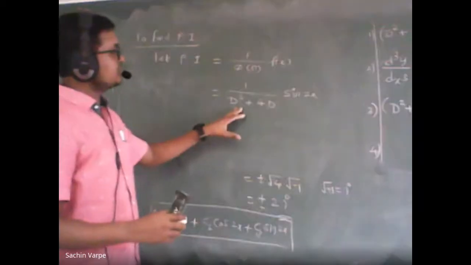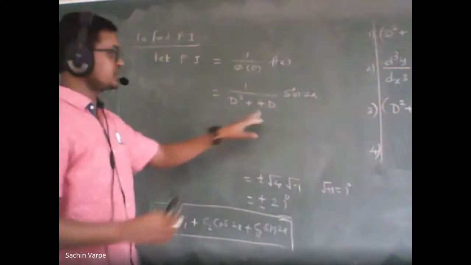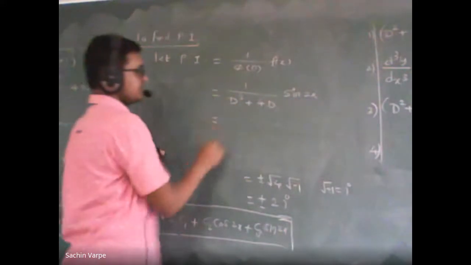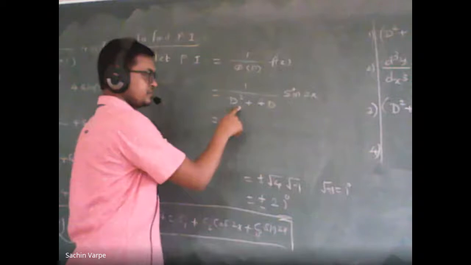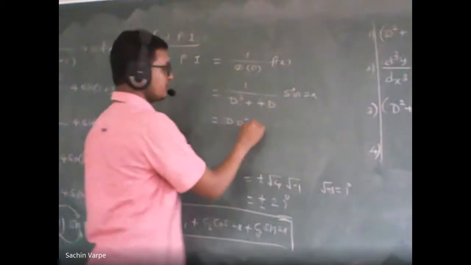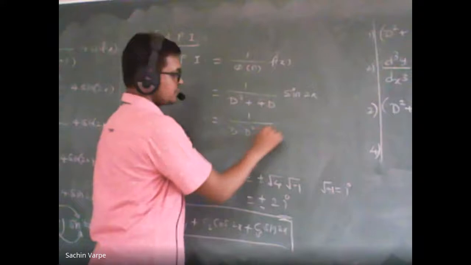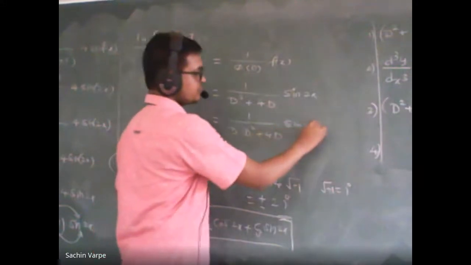So, as it is sine, we need D square for the replacement. So let us write in terms of D square. I can write here D into D square, or take D common. So 1 upon D into D square plus 4 into sine of 2x.